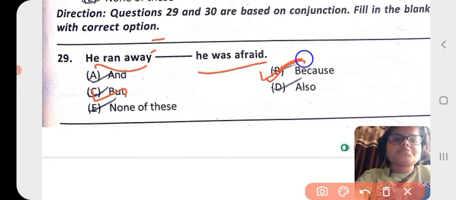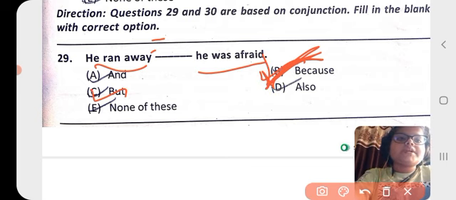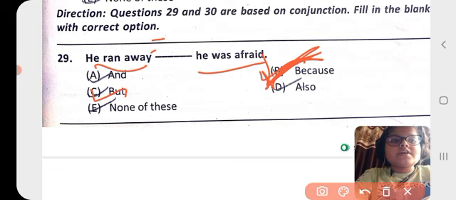Subordinating conjunction is option B, because when we express reason between an independent clause and a dependent clause, we use subordinating conjunctions. Let me repeat.